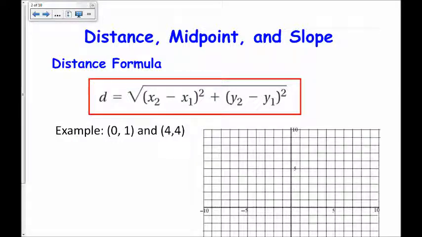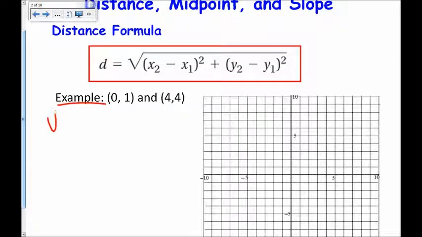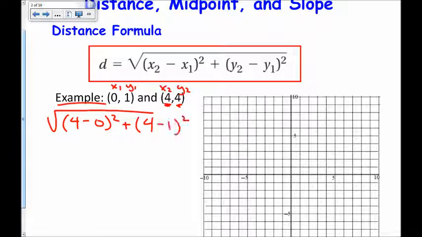Now again, we can use a formula or a graph, and I'll first do the formula. It's the square root of, I'll call this one x1, y1, x2, y2. And so x2 is 4, so 4 minus 0 squared plus y2, which is 4, minus 1 squared.